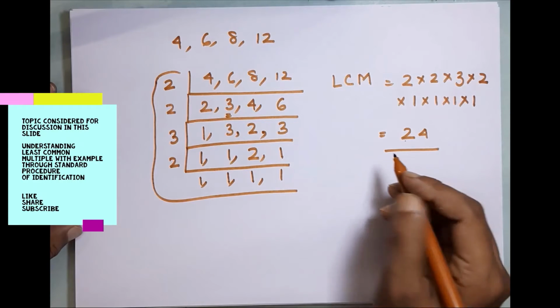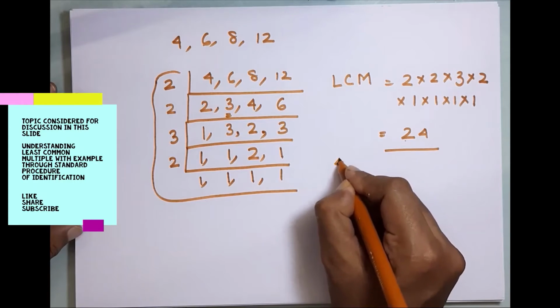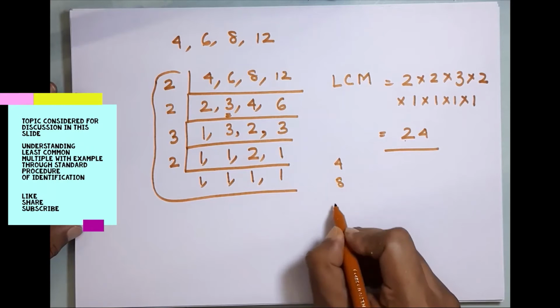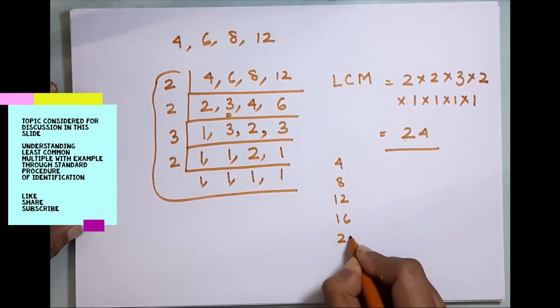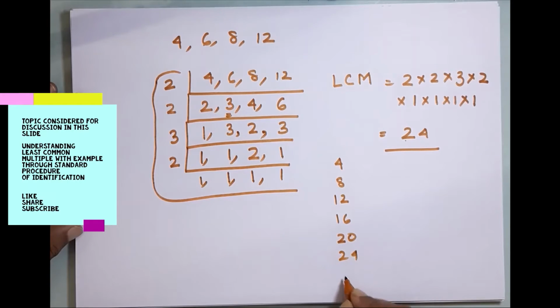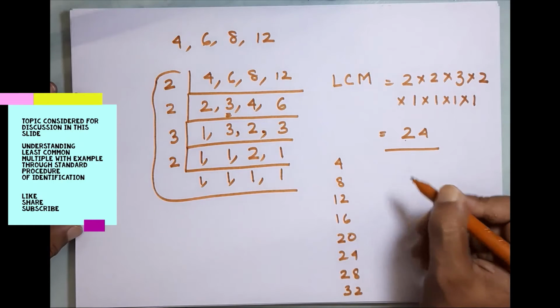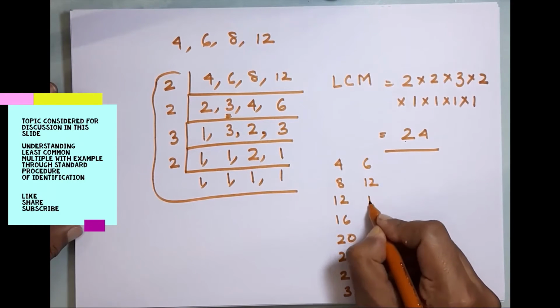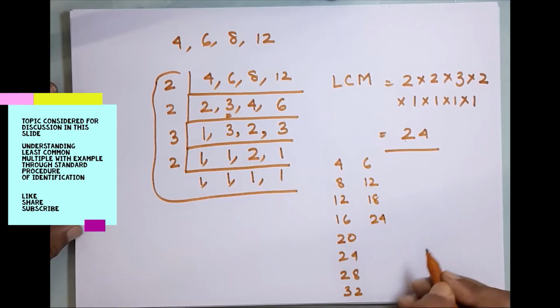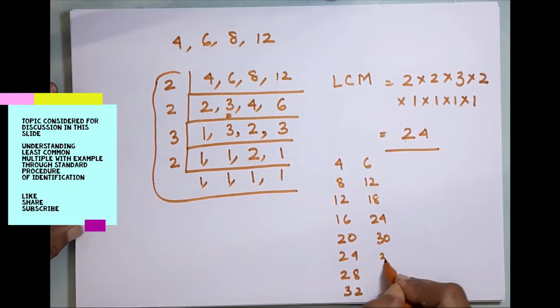Yeah, let us quickly do that. If I write down the multiples of 4, it will be 4, 8, 12, 16, 20, 24, 28, and 32. I think we'll be able to manage with these numbers. What about 6? 6, 12, 18, 24, 30, 36.